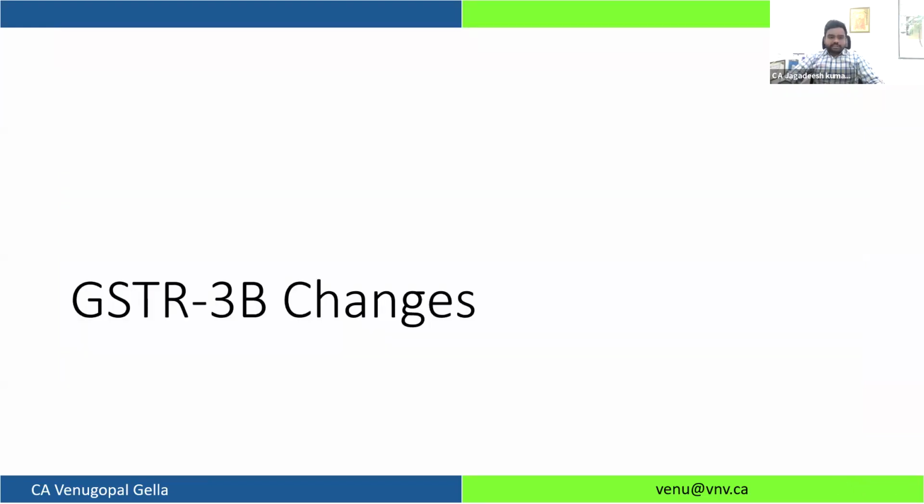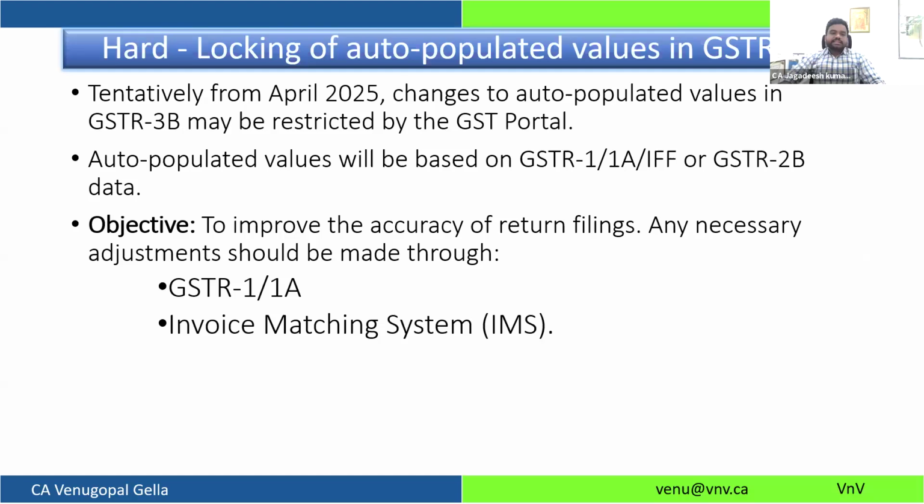So now we'll see GST 3B changes. There is one advisory that in future, that is, it is a proposed date from April 2025 onward, GST 3B will be hard locked. Hard lock means you cannot edit any field in your GST 3B. If you want to edit your GST 3B, you can do it either by way of your GSTR1 or through the IMS.